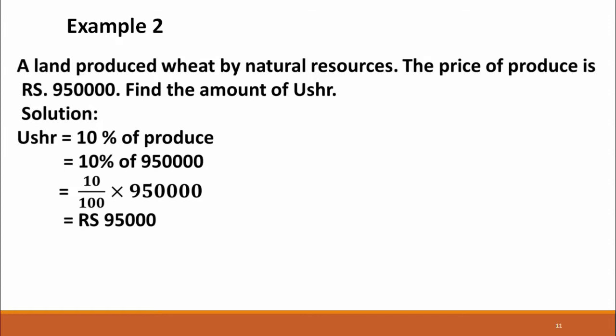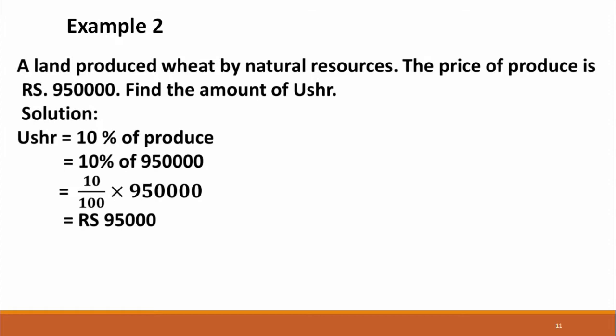Artificial sources mean like a well, and natural sources mean like rain. So if the land is irrigated by natural sources, then the rate of Ushr is 10%. 10% means 10 rupees out of 100 rupees. And if the land is irrigated by artificial sources, then the rate of Ushr is 5%. 5% means 5 rupees out of 100 rupees.